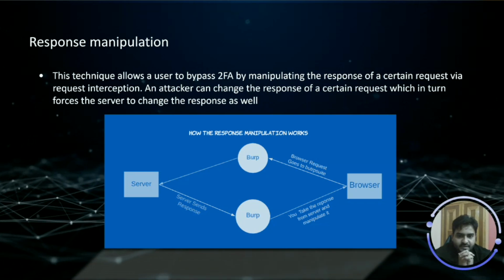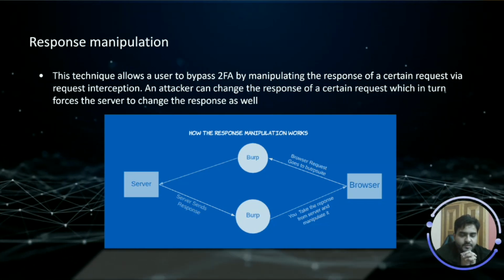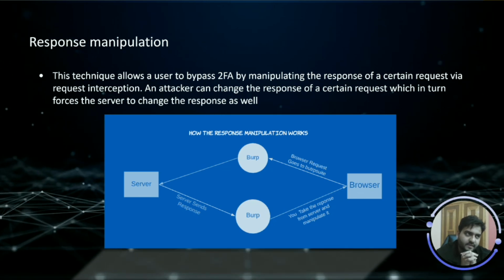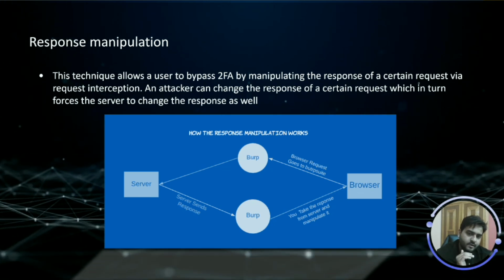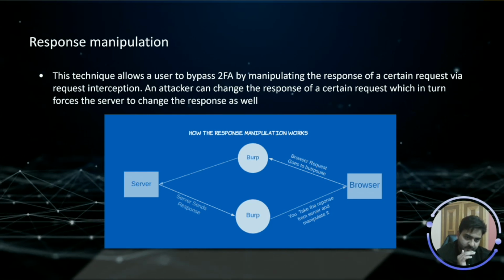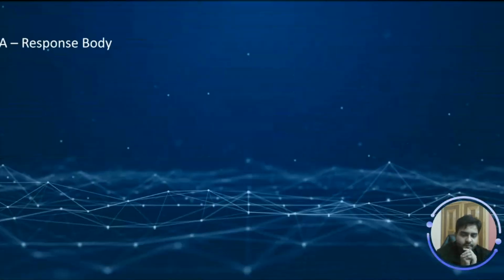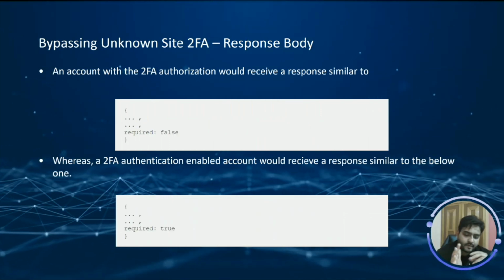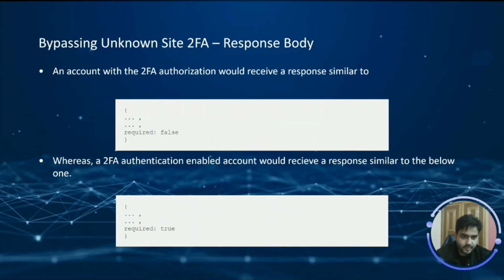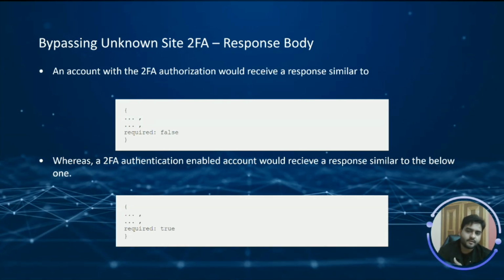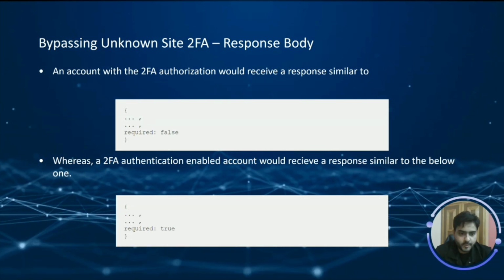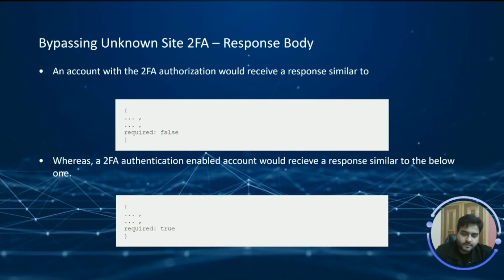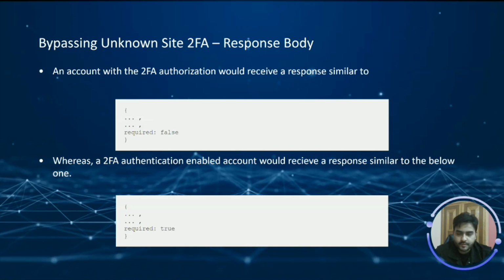Now another technique is called response manipulation, and this is another very interesting technique where you are able to manipulate a response that is coming from the server. The simplest way of response manipulation is, as you see in this scenario, and this applies to not only 2FA but other attack vectors as well, where if you enter a wrong 2FA code, it would return false.